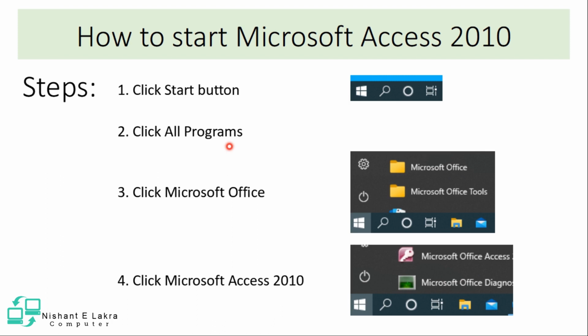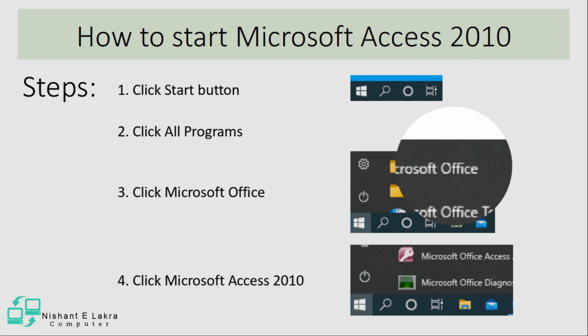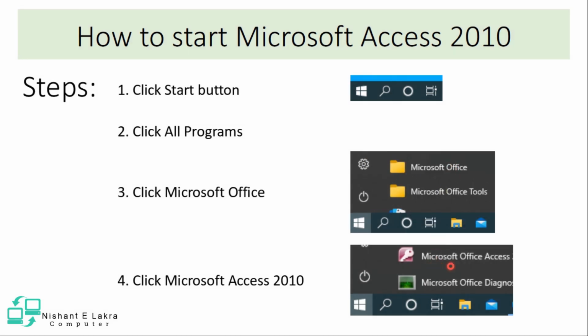But if you are using an older OS or Windows 8, then you will get this option. After that click Microsoft Office, and the fourth option is Microsoft Access 2010. The whole package of Microsoft Office will appear, and from there you have to select Microsoft Office Access 2010.